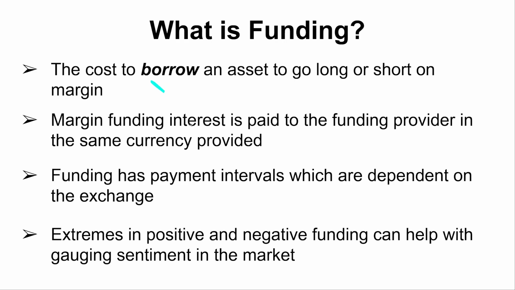So margin funding interest is paid to the funding provider in the same currency provided. On BitMEX, and we've been looking at the XBT USD perpetual swap product, the currency in this case is XBT or Bitcoin.